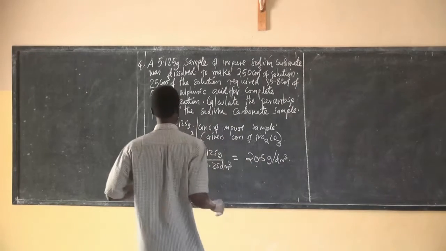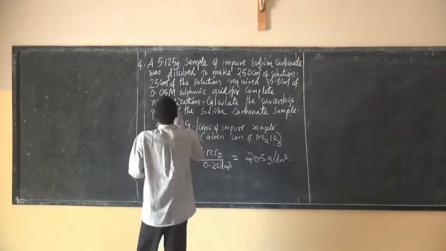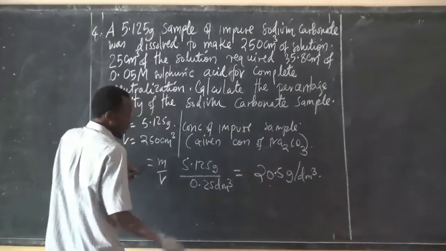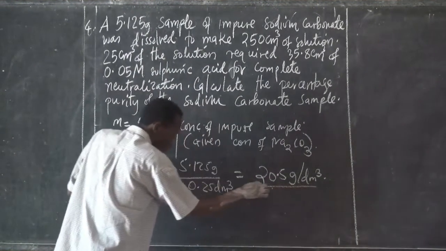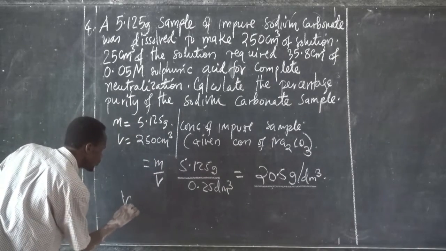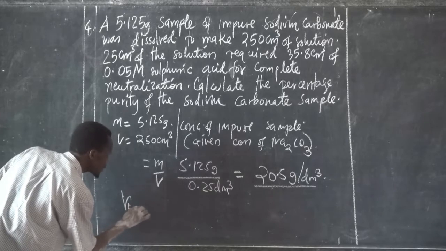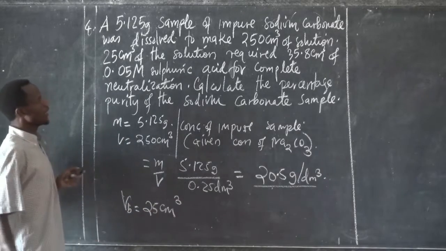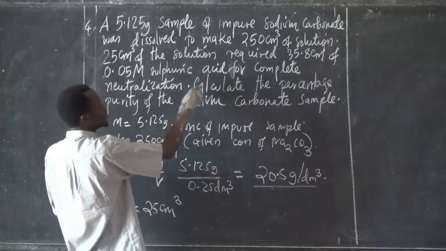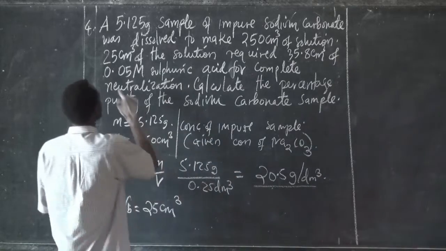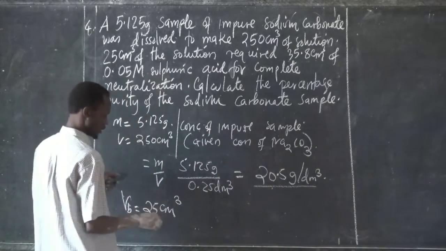Where do we get the calculated concentration? Now, 25 of the solution were taken. They took 25, that is volume of base, which is equal to 25 centimeter cubic, reacted with 35.8 centimeter cubic of 0.05 sulfuric acid.